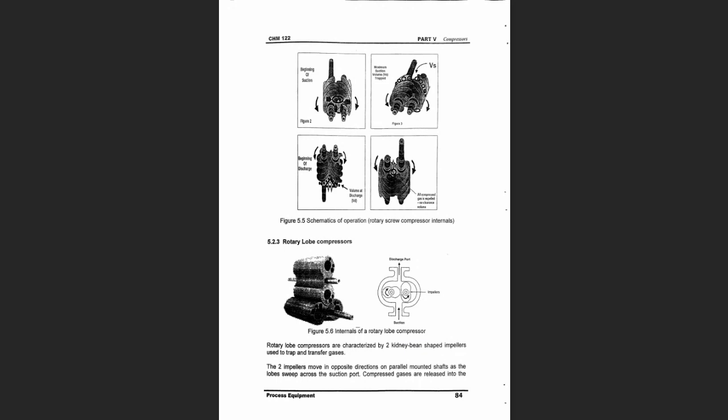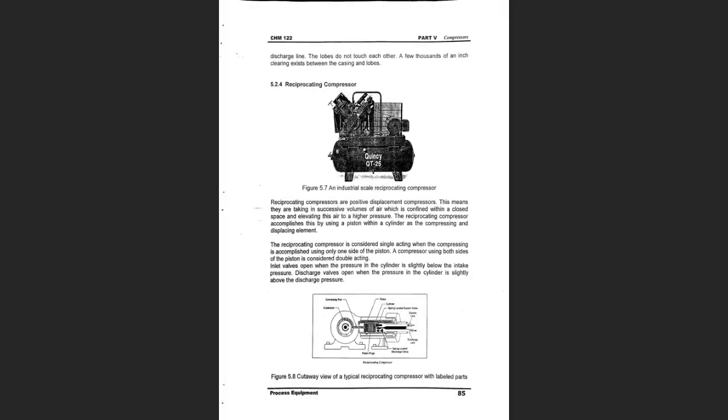So there are two kidney bean shaped impellers used to trap and transfer gases. These two impellers move in opposite direction, just like the loop pump, on parallel mounted shafts. As the loops sweep across the suction port, compressed gases are released into what?